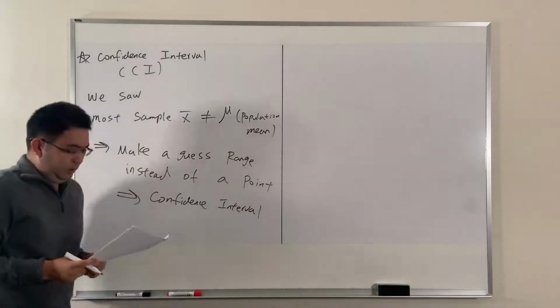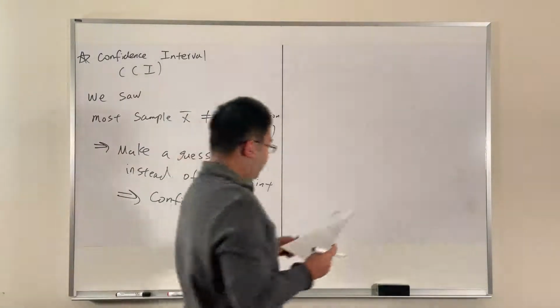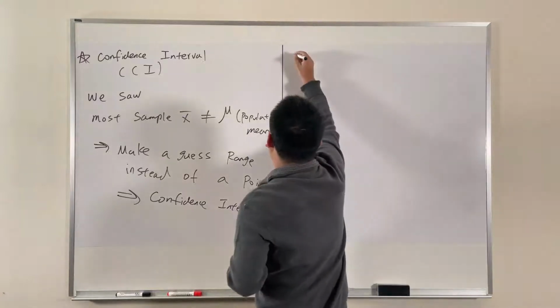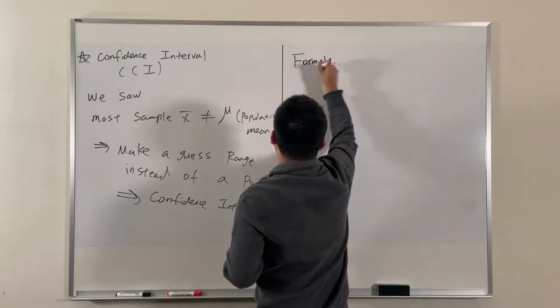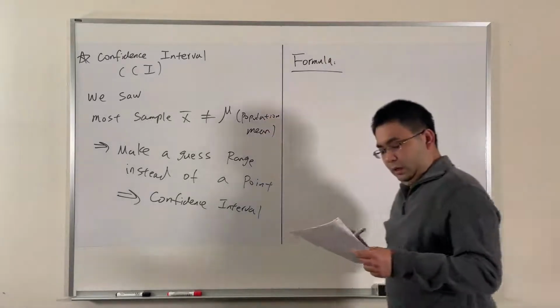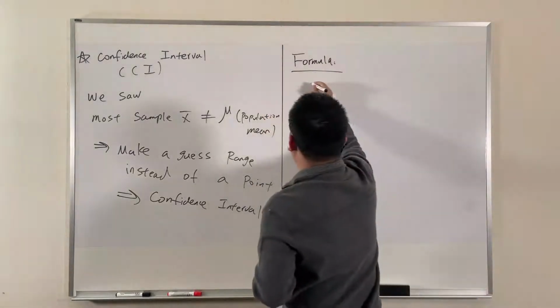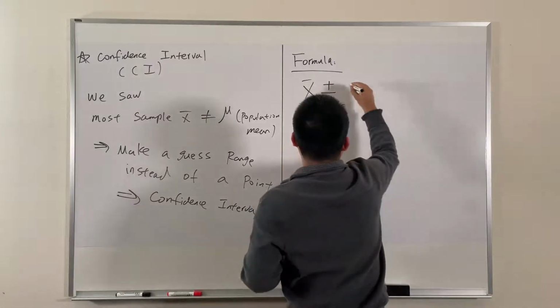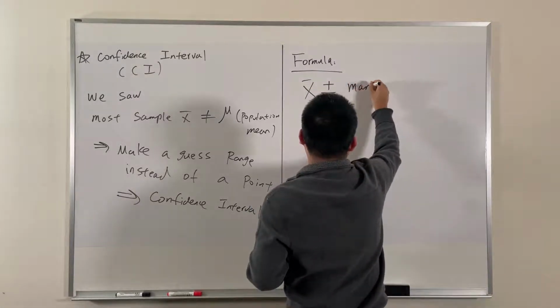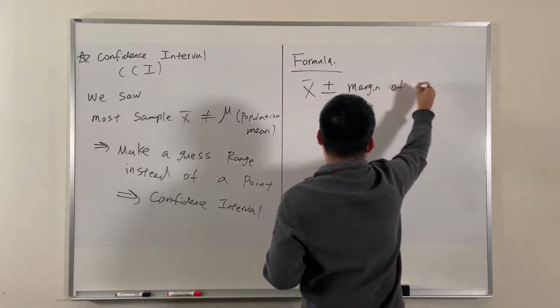Let me first give you the formula for the confidence interval. The formula is our sample mean X bar plus or minus the margin of error.